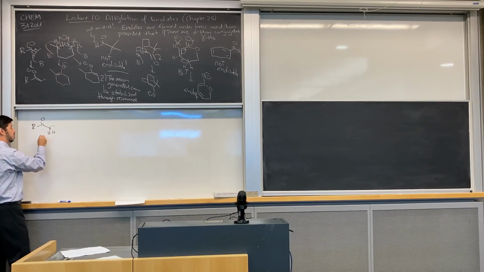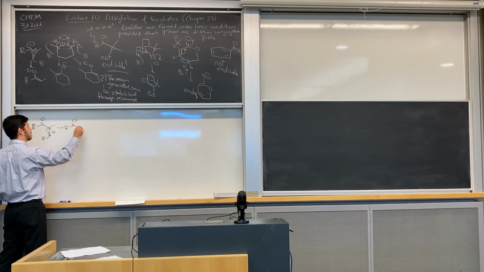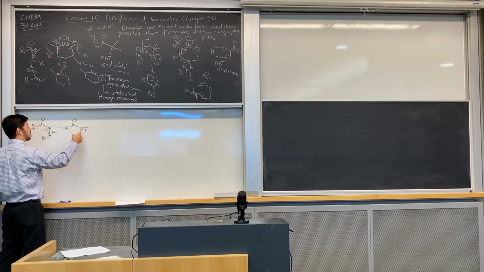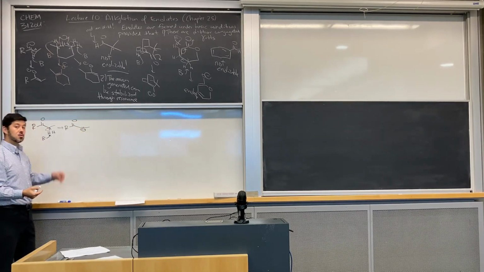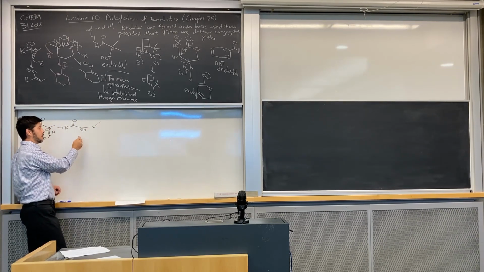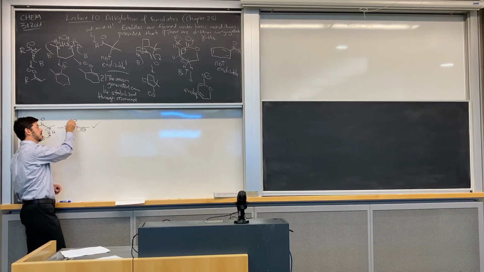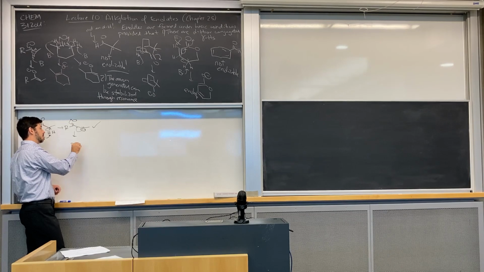What some people will do, and this is absolutely fine, is put the negative charge on the carbanion like this, and that's correct. The reason these are formed and are stable is because you have this anion here that can move through resonance and form this enolate structure.